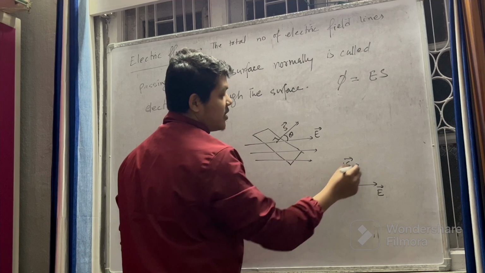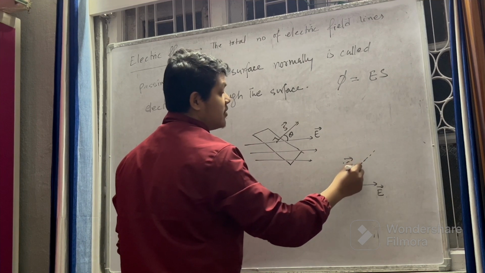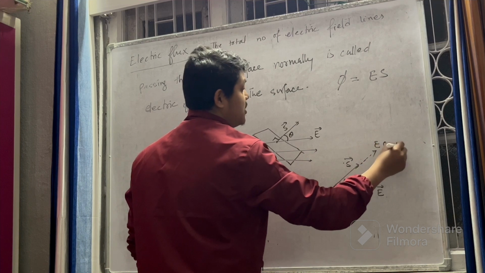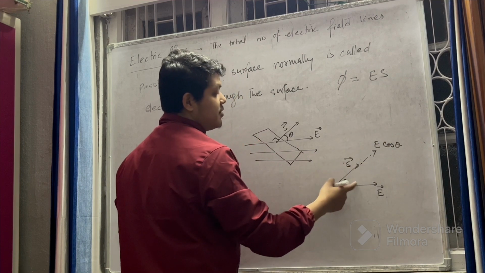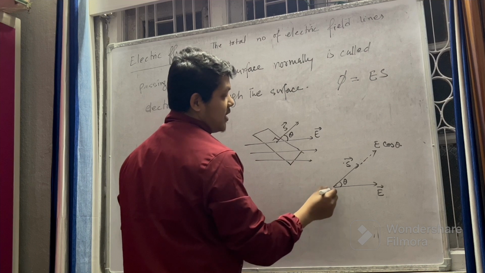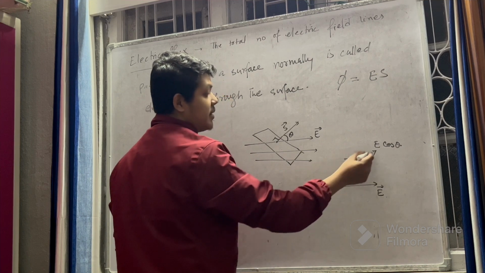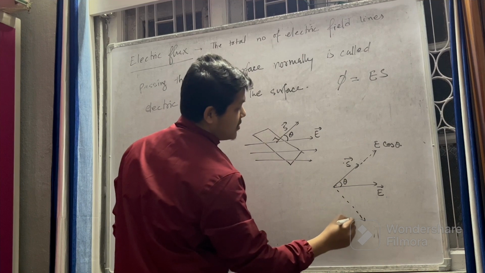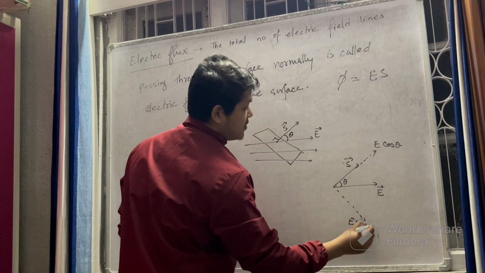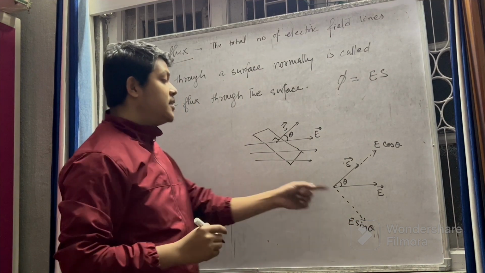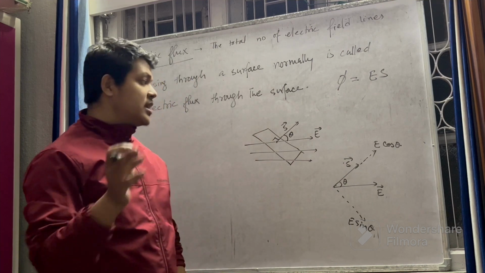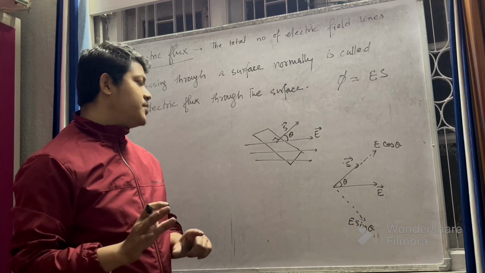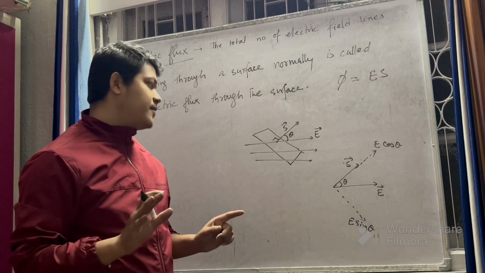One component will be along the area vector, that will be E cos theta, because the angle between these two is theta, and another component will be normal to this component, that will be E sin theta, right? How to resolve a vector into two components you have already studied in class 11, right? I hope that you have understood that.